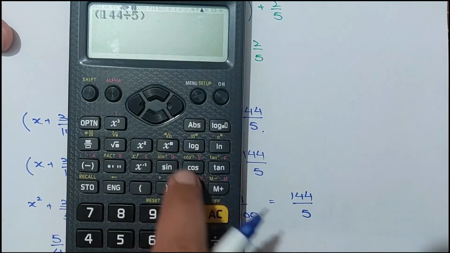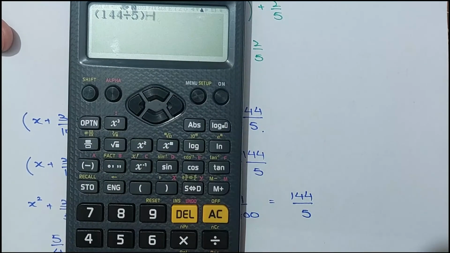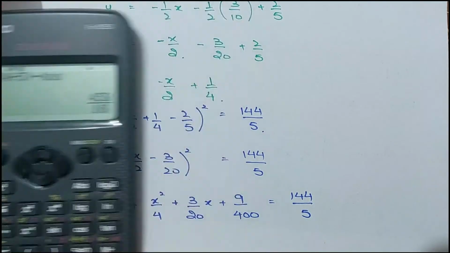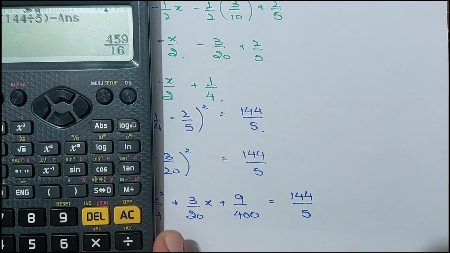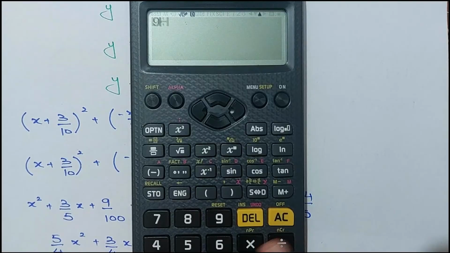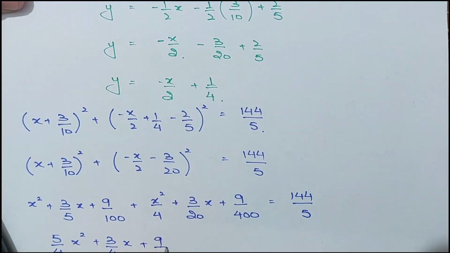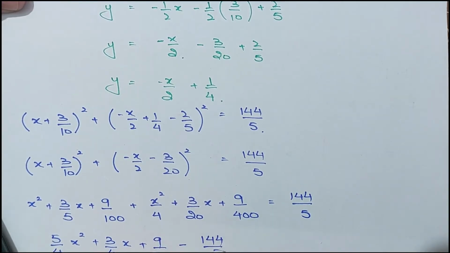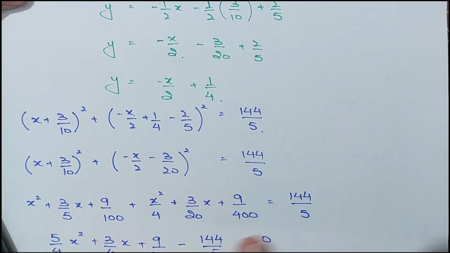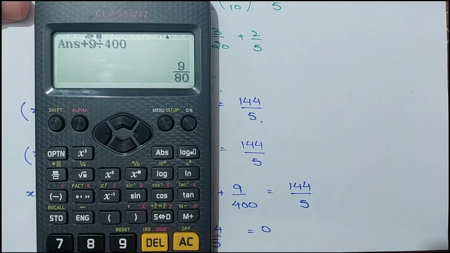All right, and we have to subtract. Wait, let me simplify. 9 over 100 and 9 over 400 give 9 over 80, and we subtract 144 over 5. This equals 0. I shifted this term to the other side. Minus 144 by 5 gives minus 459 over 16.